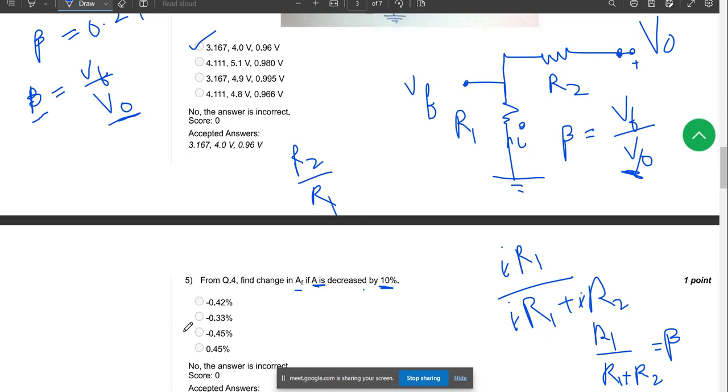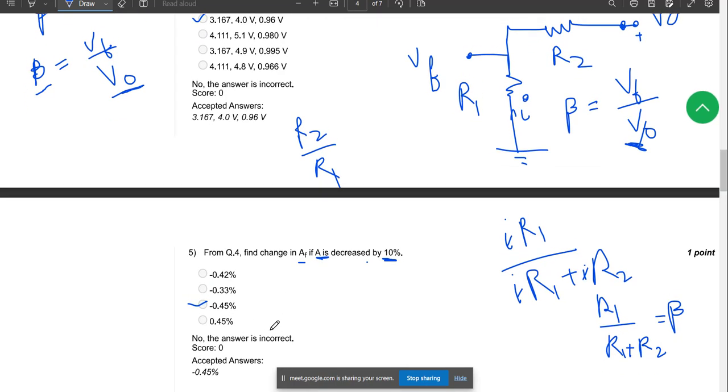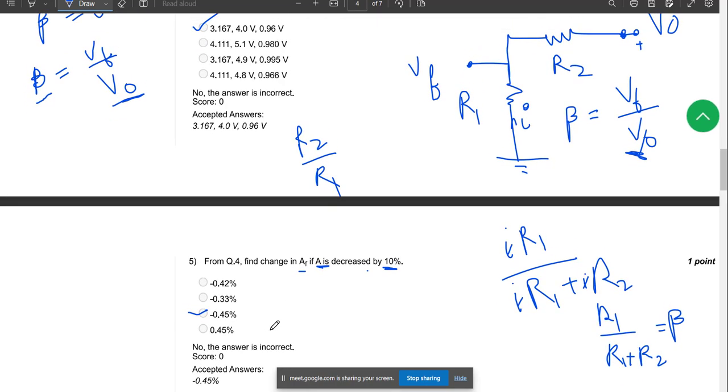Understood? That means that if a system has feedback, then even when there is a huge change in the gain, we are getting a very small change in the overall system. This is what we can infer from this question. So it's good to have feedback in a system. This is the overall inference we can get.